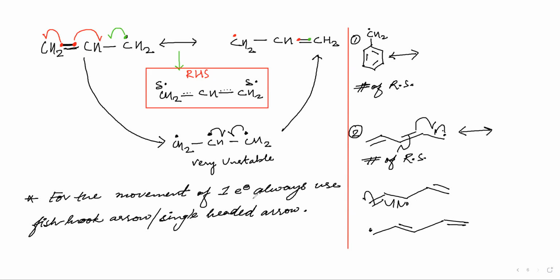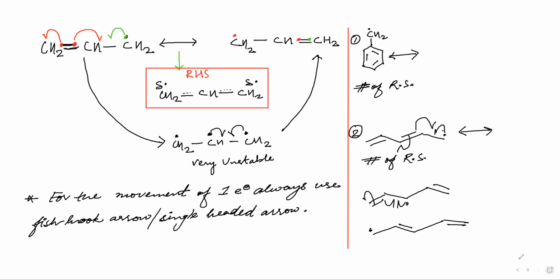Okay, sir. Where did you go wrong? I was just changing the double bond. I did the same thing twice. So you have 2 same resonating structures, exactly same, correct? Yes, sir. That's okay, fine. So 2 more only. That would be 3 resonating structures in total.